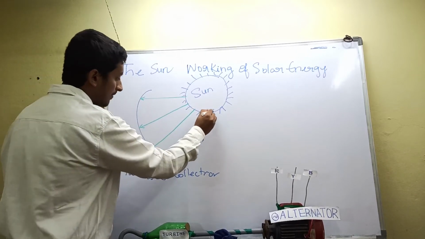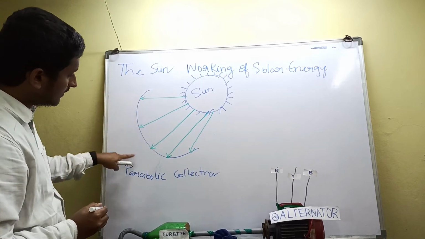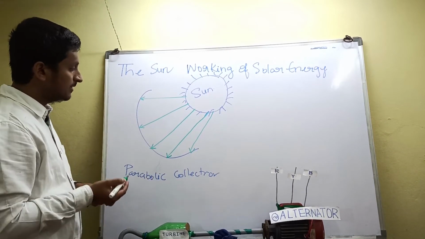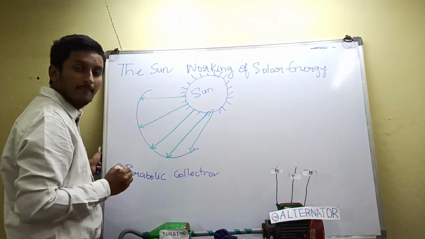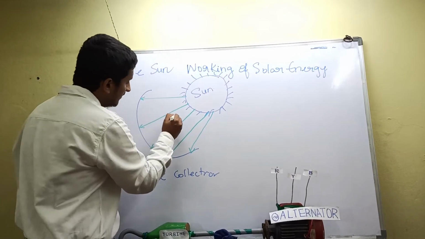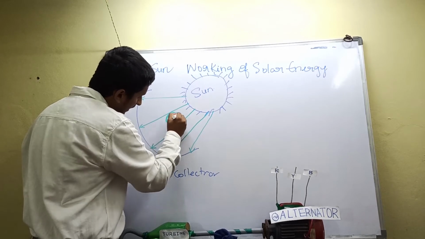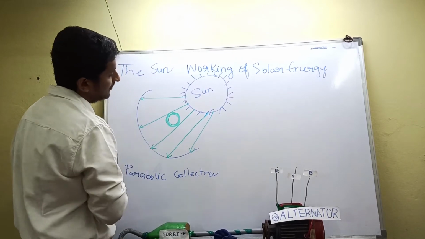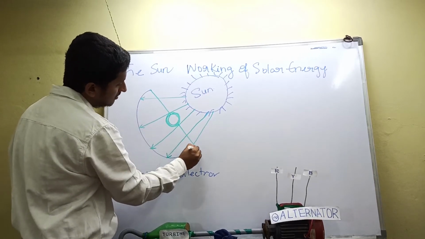Or else parabolic collector. Now, the parabolic collector's arrangement would be something like this: it will have a plate like a parabola, a metal plate. Now, there will be a cylindrical type of element placed in between, and it will be fixed at the center like this.